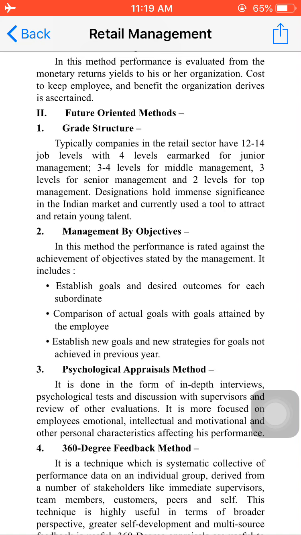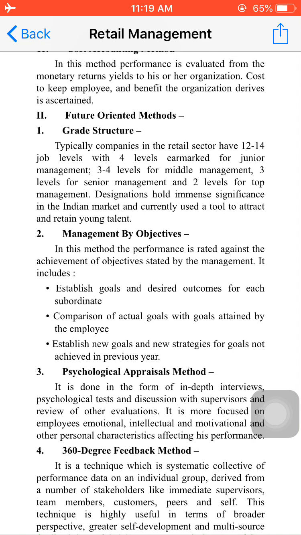As you all know, when we come to the corporate field, we have top level management, middle level management, and lower level management. At last, we have operational level management, right? Under top level management, we have the board of directors, CEOs, and so on.